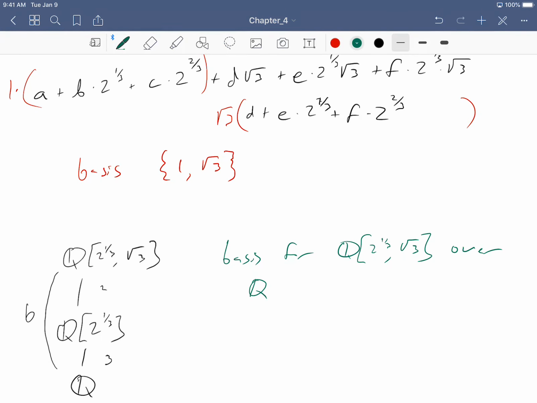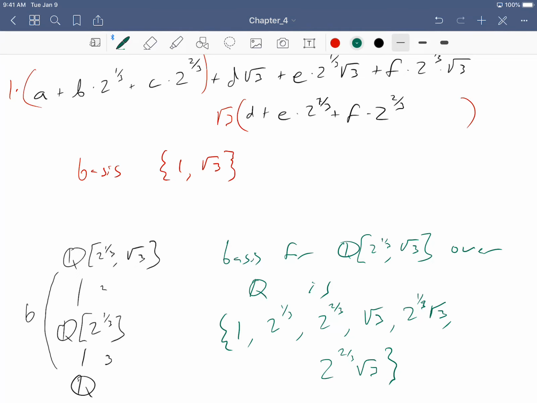So our basis here is going to be the product of those two bases. So 1 times 1, 2 to the 1/3 times 1, 2 to the 2/3 times 1, and then root 3 times 1, root 3 times 2 to the 1/3, and root 3 times 2 to the 2/3.